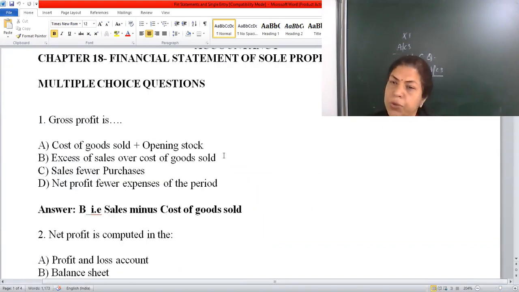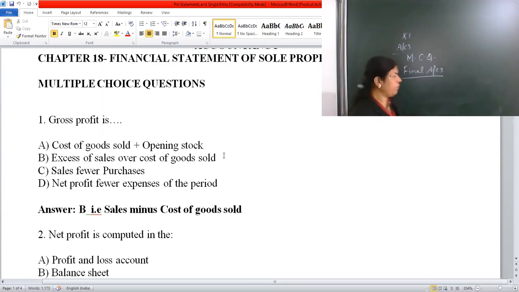Now I told you for calculating gross profit, we have to make trading account. But I have also given you the formula of gross profit. So here the gross profit is, see the answer B. Answer B, excess of sales over cost of goods sold.